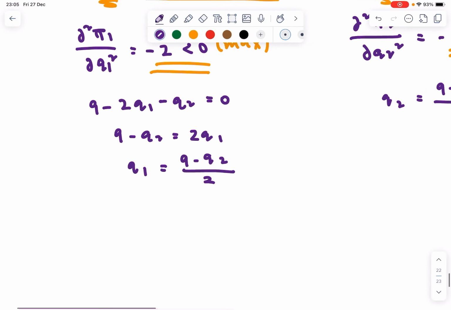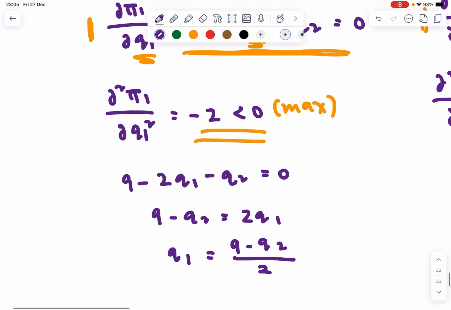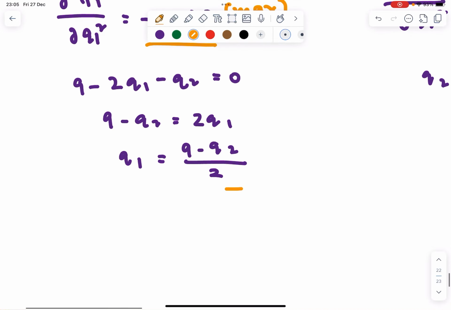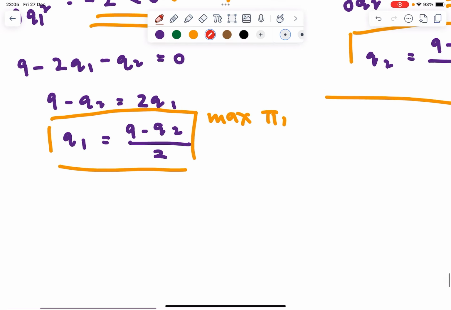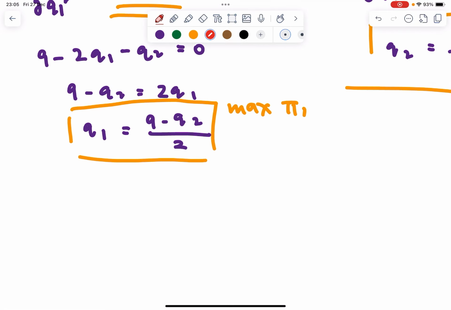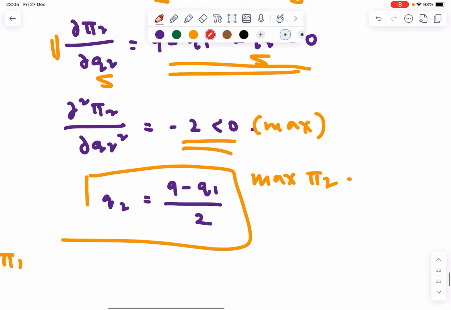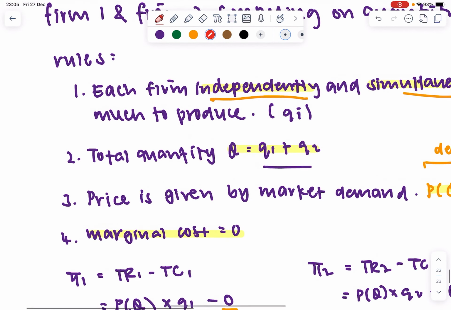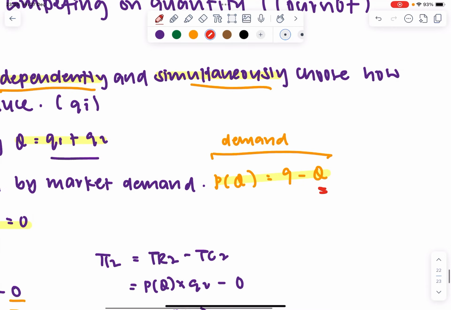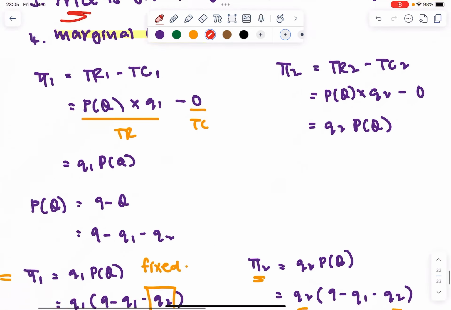Okay, so now what we've derived, right? Because we checked the second order condition, this value of Q1 maximizes profit for firm 1, and this value of Q2 maximizes profit for firm 2, right? But the only thing that we realize here is that Q1's profit depends on how much Q2 produces, and Q2's profit depends on how much Q1 produces, because the market price is a function of the total quantity produced, right?